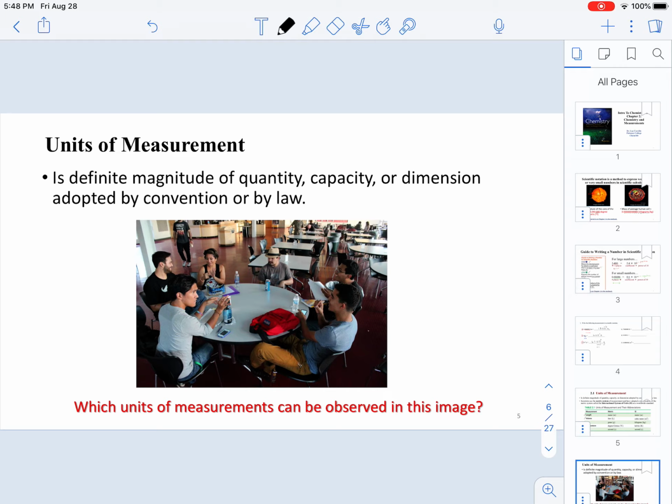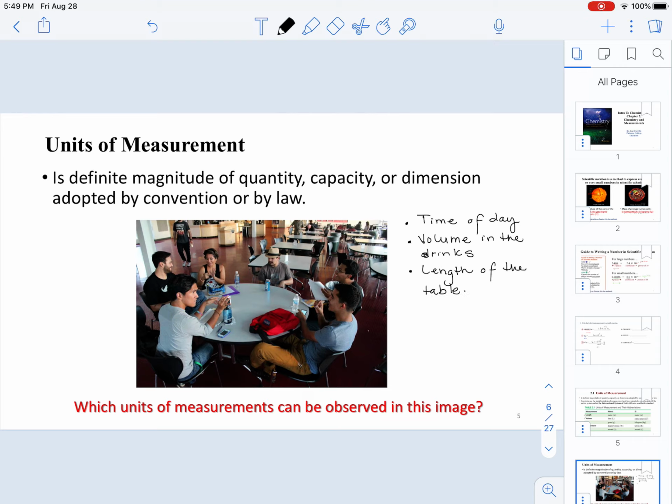Just to list a few, some can include the time of day, the volume in the students' drinks, and lastly, we can even say the length of the table.